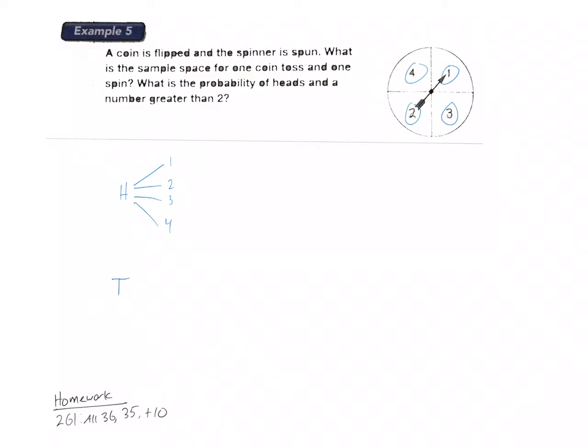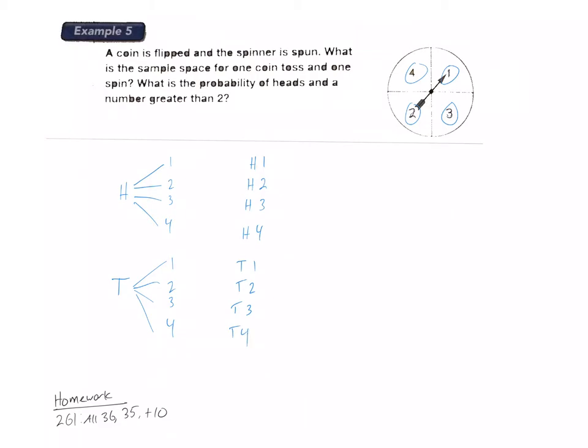So my 4 options thus far would be H1, H2, H3, or H4. But notice also I could get that 1, 2, 3, or 4 if I flip the tails first. So this would be tails 1, tails 2, tails 3, tails 4.